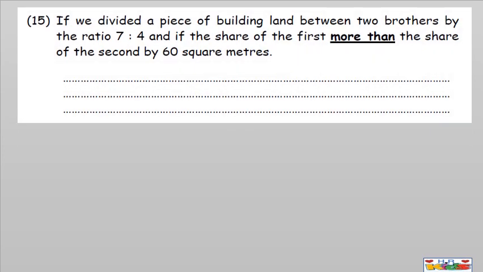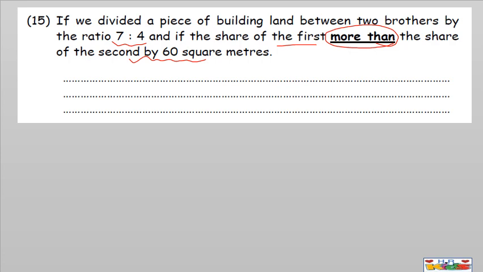Next, question number 15. So far we learned that the difference means we do minus, and exceeds, we do what? Also minus. Question number 15. If we divided a piece of building land between two brothers by the ratio 7 to 4, and if the share of the first is more than the share of the second by 60.